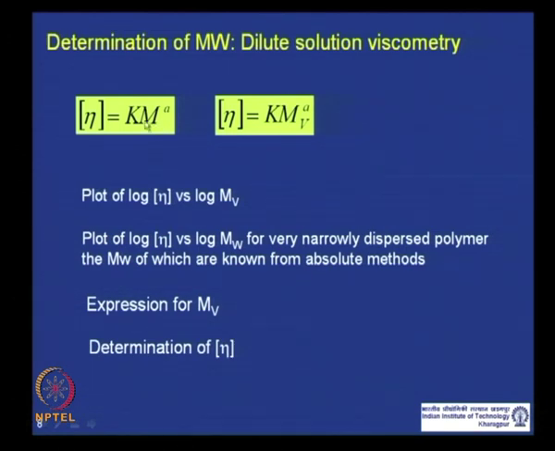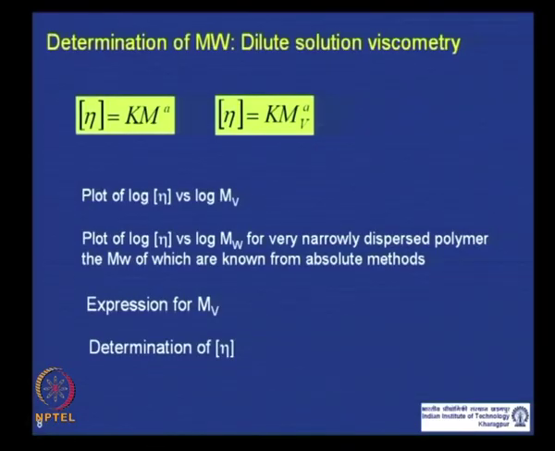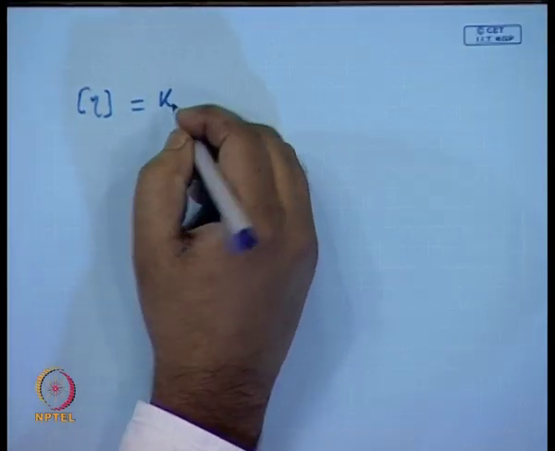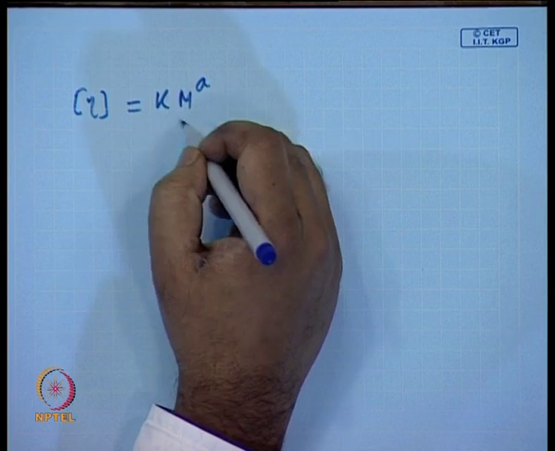Now, we have seen that this is the expression for the intrinsic viscosity of polymers in dilute polymer solution, and what I can find out is K times M to the power a.